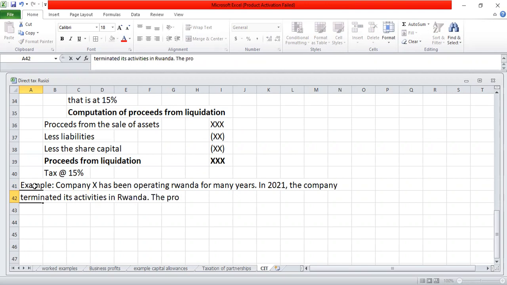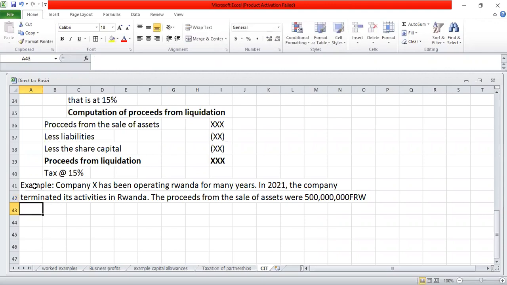The proceeds from the sale of assets are 500 million.